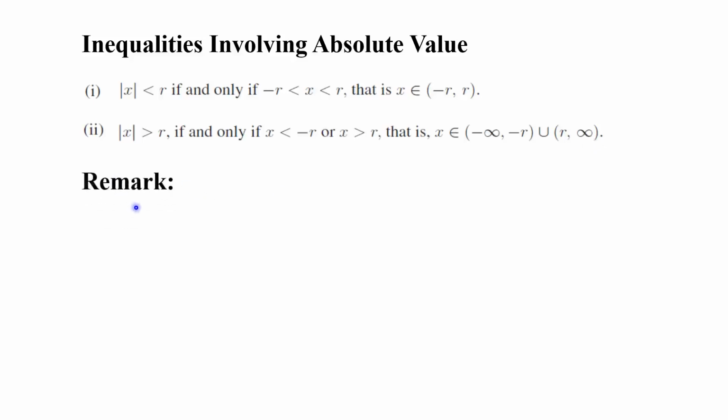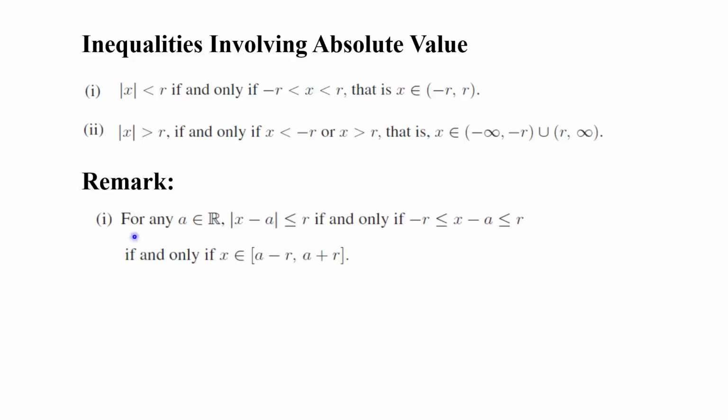How to see the remark points? For any a belongs to R, modulus of x minus a less than or equal to r if and only if, similar to this same procedure, but here we are having less than or equal to. Instead of x we are having x minus a. That is, if and only if minus r is less than or equal to x minus a, which is less than or equal to r.